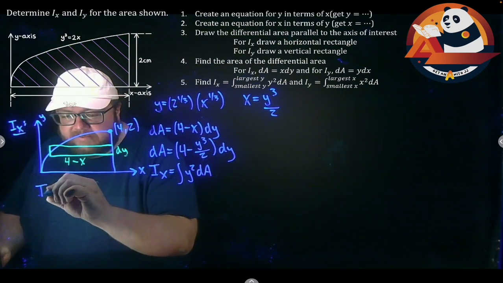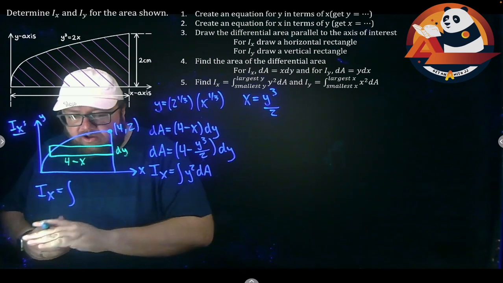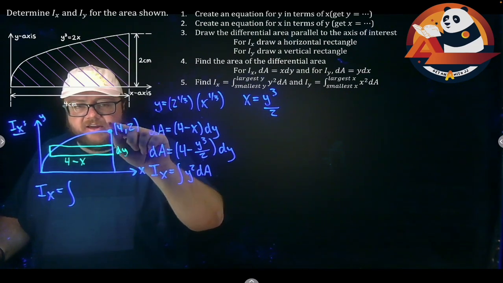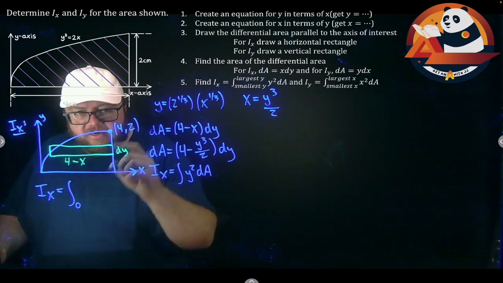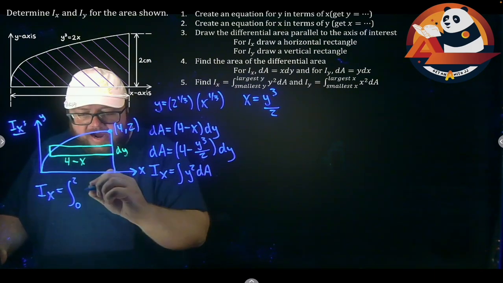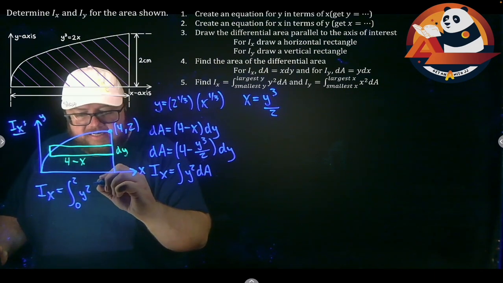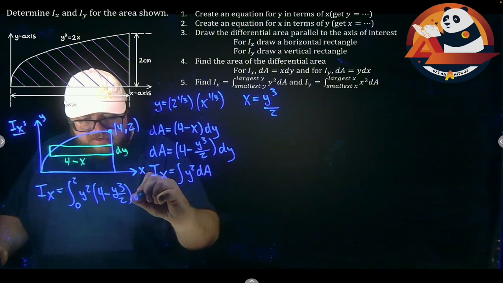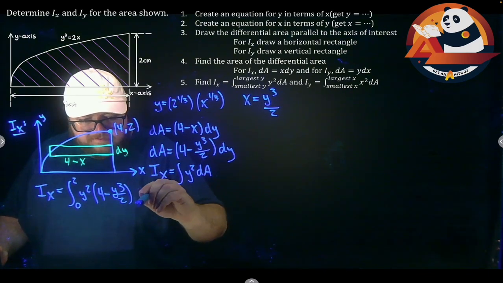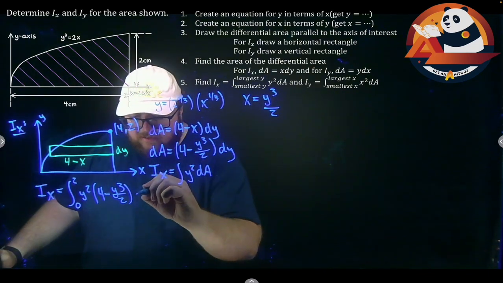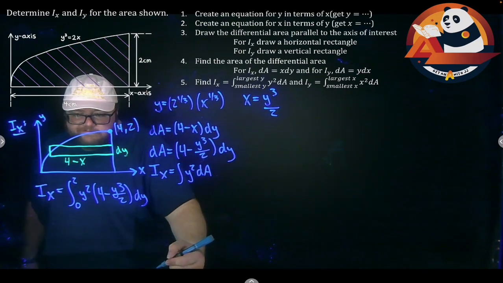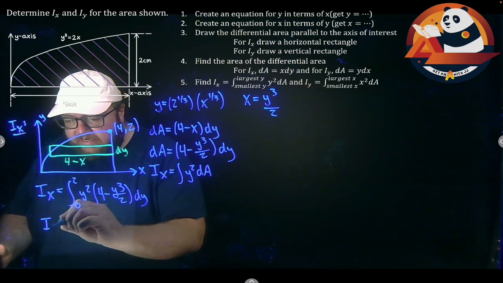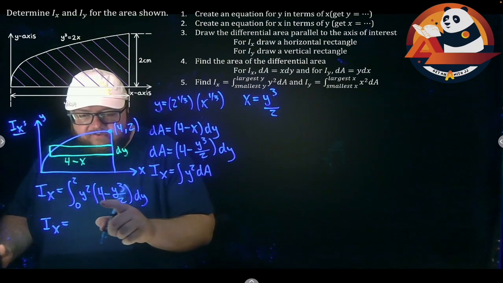My Ix should be my integral from my bounds on this. If I'm working with dy, I'm going from the smallest y value up to the biggest. That smallest is at 0, the biggest is at 2. Of y squared times dA, times 4 minus y cubed over 2 times dy. Which is when I integrate that, I'm going to get Ix. Works out to be, I can factor that y squared in.